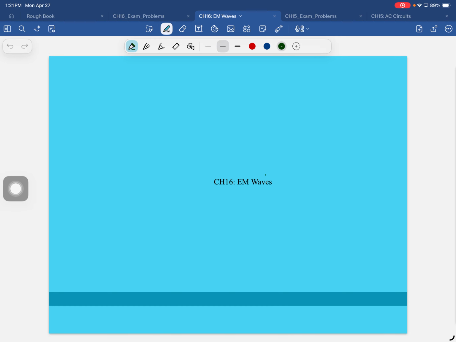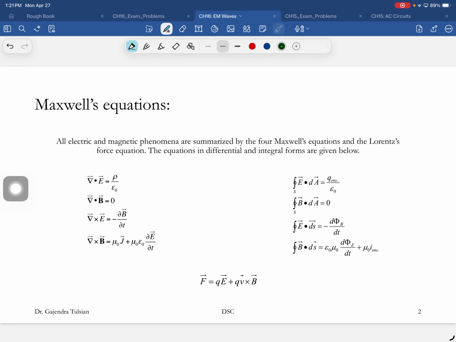In vacuum, divergence E equal to 0. Okay, so these are the four equations, and Mr. Maxwell was going to see what these equations predict.